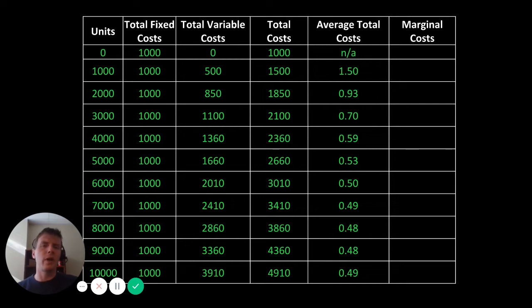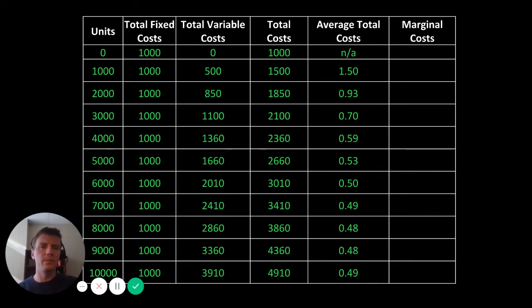And so we can go line by line and calculate these. In the first row, we can't actually because we're dividing by zero, since we have 0 units of production here. In row 2, our average costs are $1.50 per unit, and we get that by saying total costs of $1,500 divided by 1,000 units.